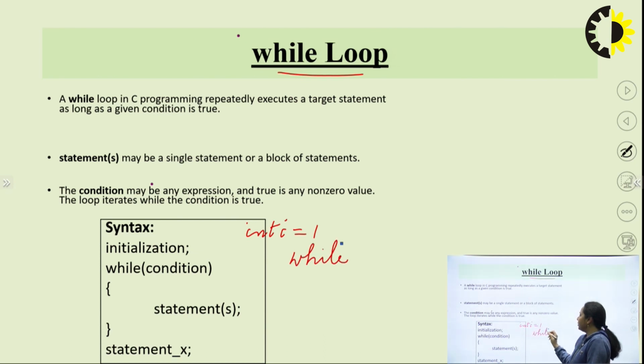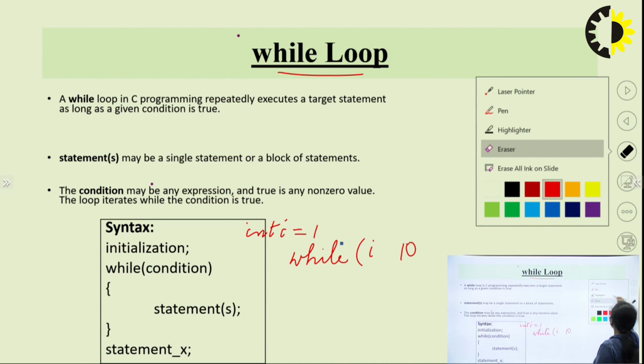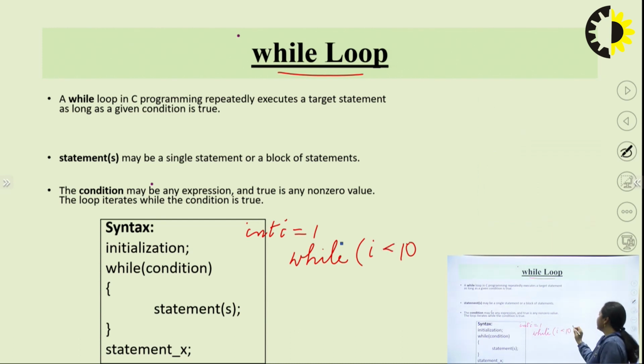So let us assume the condition is i is greater than 10, or rather, less than 10: i is less than 10. So what is the condition for checking? The condition is that i must be less than 10.